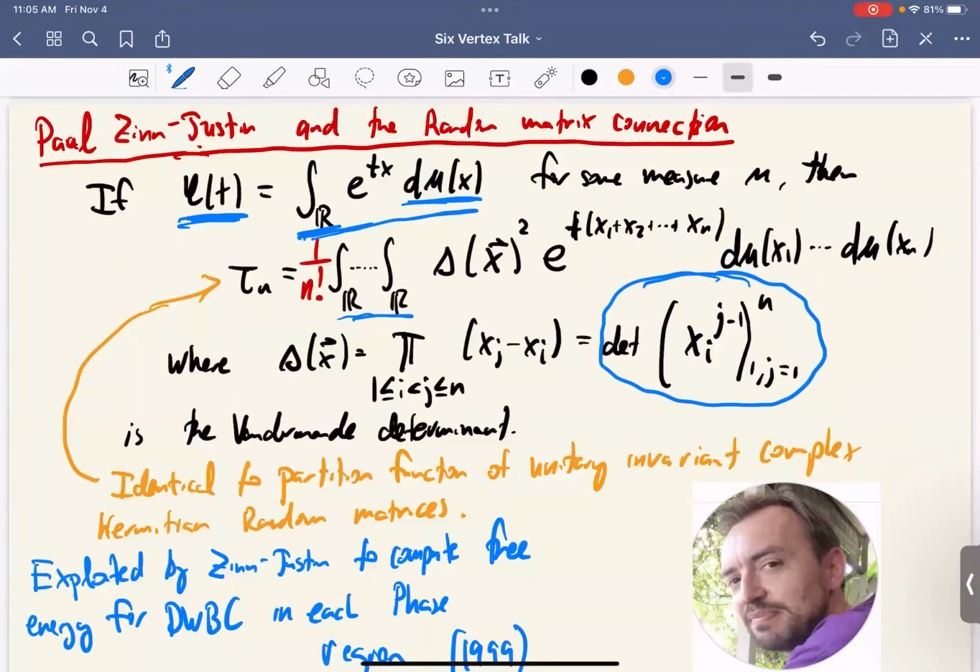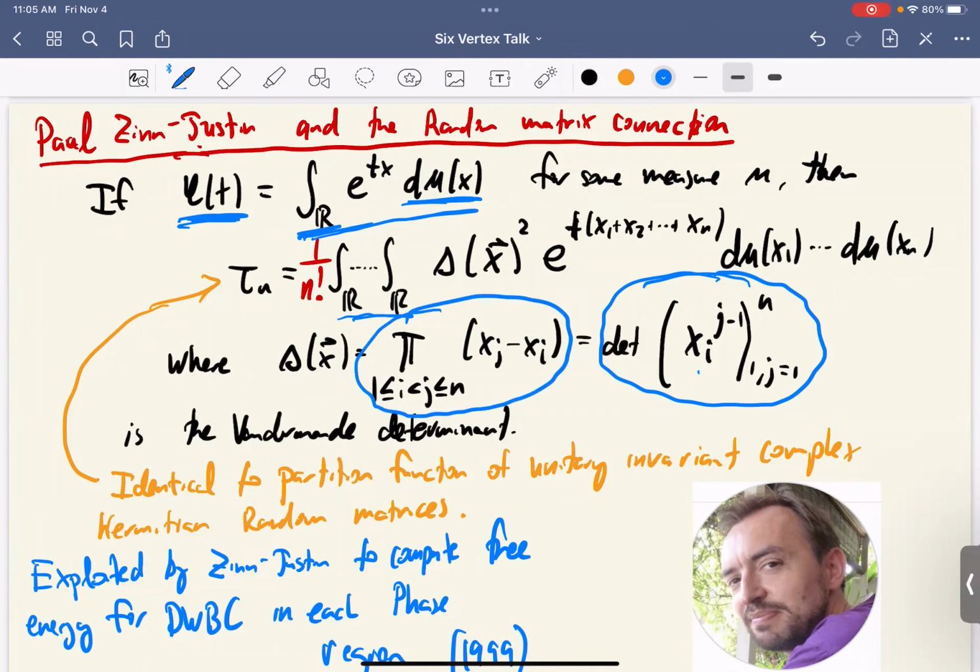This is the Vandermonde determinant. It just has different variables x to successive powers. And there's a nice simple formula for the determinant of the Vandermonde matrix. It's just the product of the differences of the variables x.